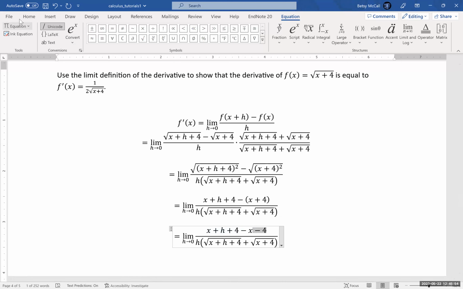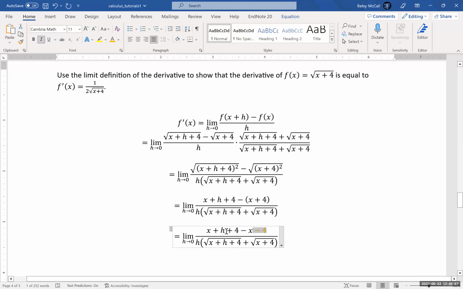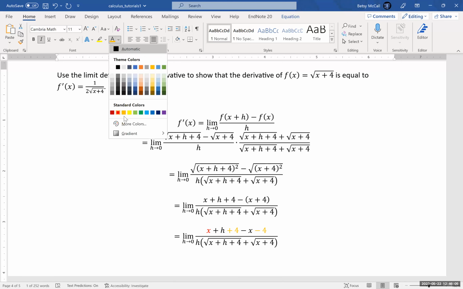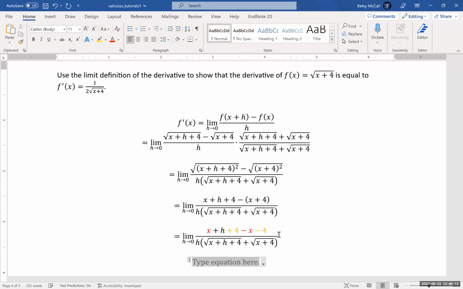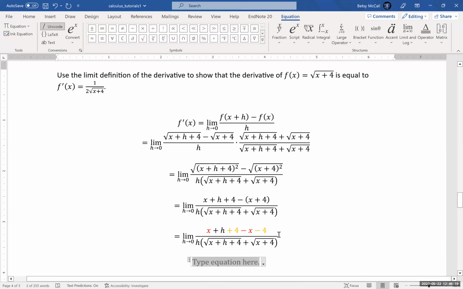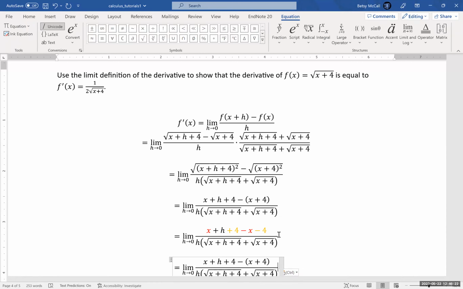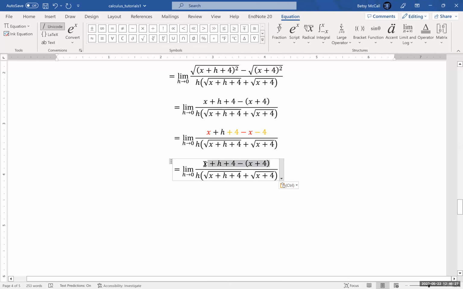And so our minus 4 and the positive 4 are going to cancel, and the x and the minus x are going to cancel. And we're going to be left with just the h. So 4 and minus 4, minus x, x, all that's left is the h.